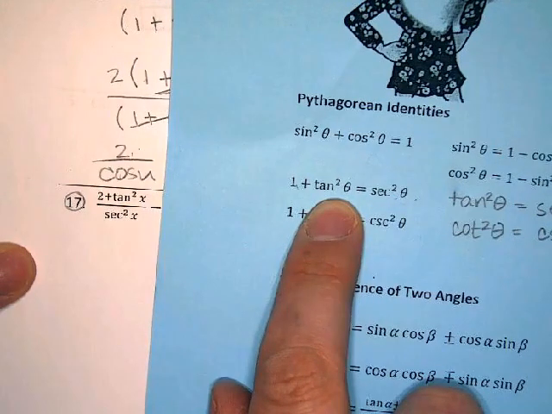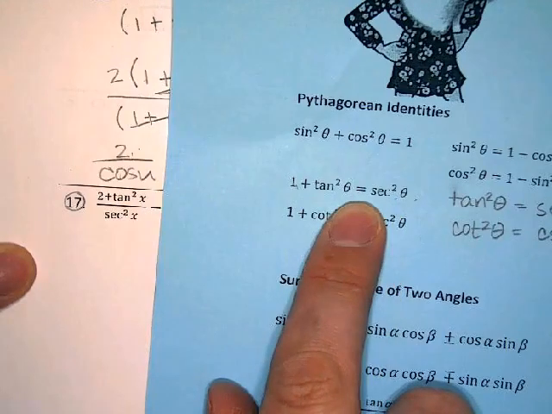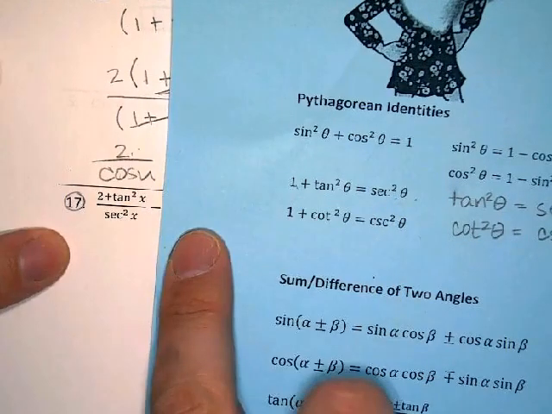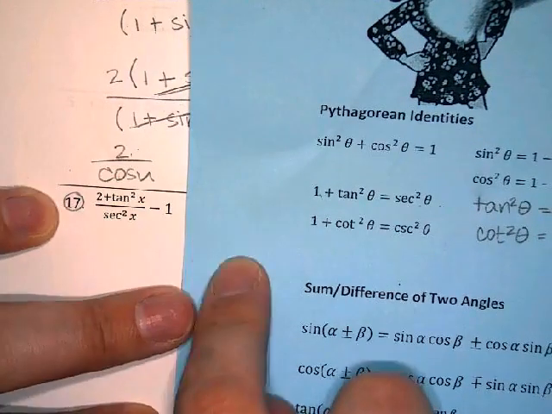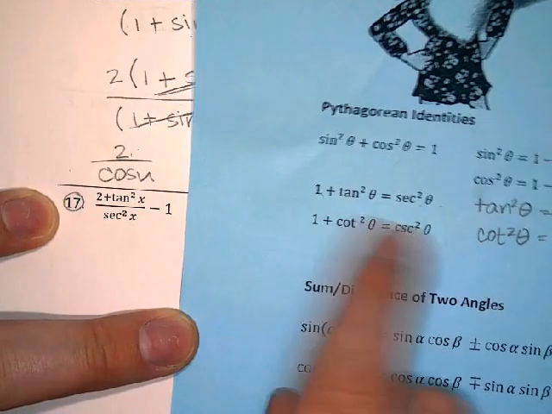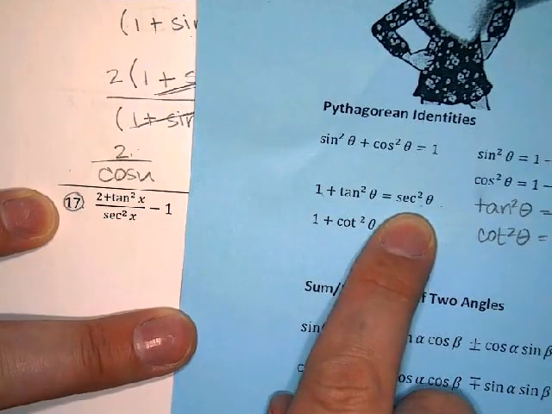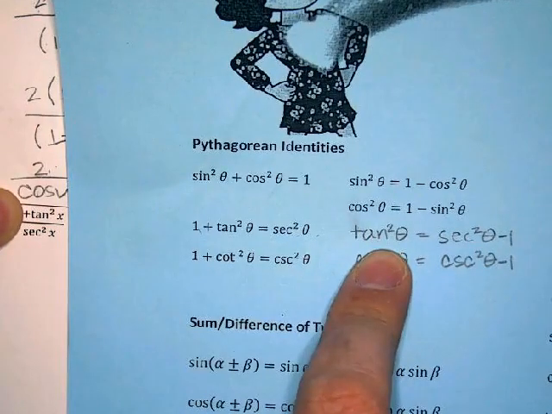Pythagorean identities? This is what we want to do? Okay. So we have 2 options with the Pythagorean identities. Do we want to, from the 2, pull out a 1 plus tan squared and replace it with secant squared? Or do we want to ignore the 2 and say that the tan squared by itself is secant squared minus 1?